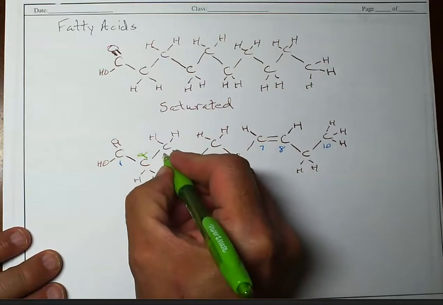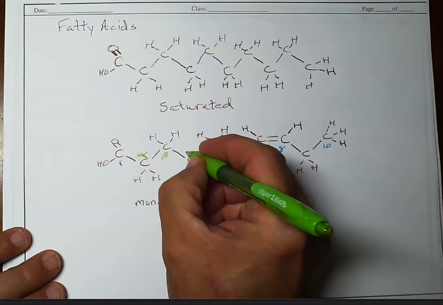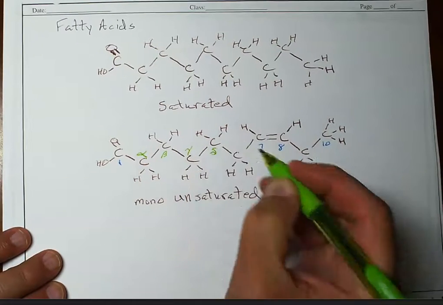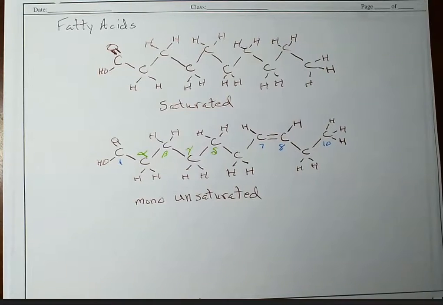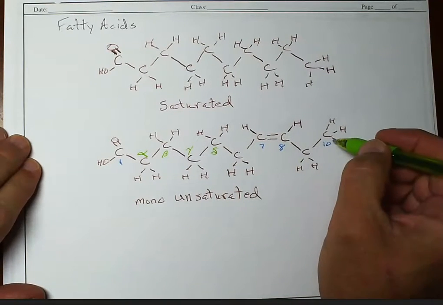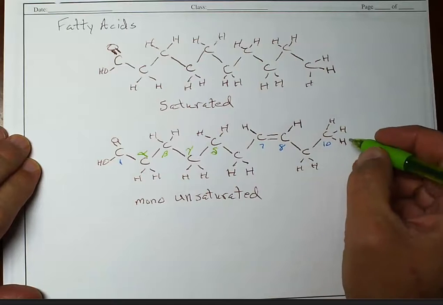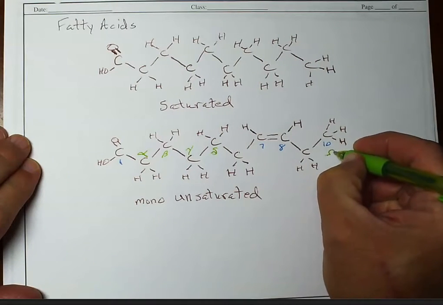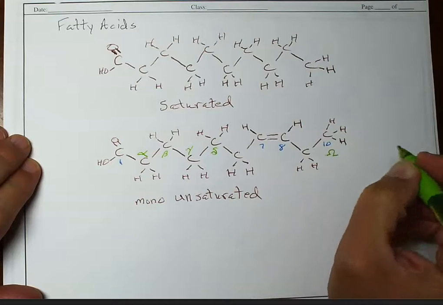The next carbon over was called the beta carbon. The next one was called the gamma carbon. The next one was called the delta carbon, and so on through the Greek alphabet. Except that the one at the far end was always called the omega carbon.